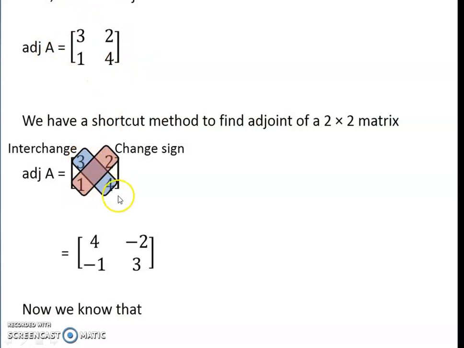The blue color shows the changing of the elements and the pink color indicates the change of sign. So it is easy now. Instead of 3 we write 4, instead of 4 we write 3, instead of 2 we write -2, and instead of 1 we write -1. So we know this is the shortcut method to find adjoint of A.